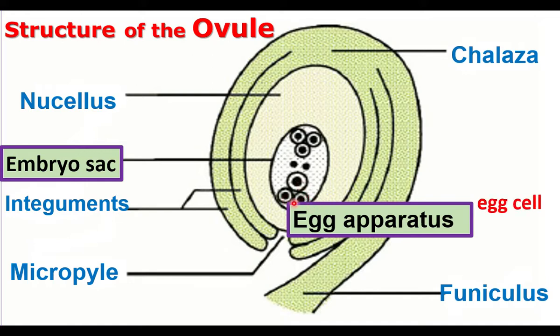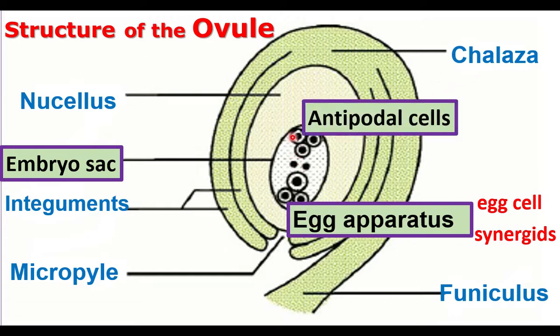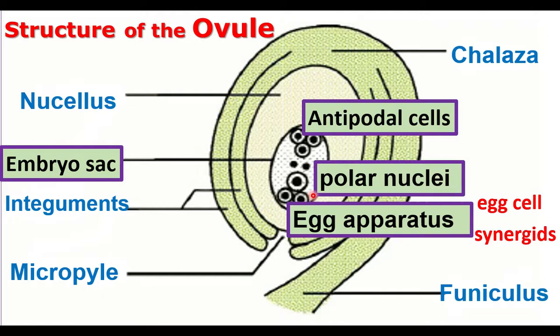At the sides, the 2 cells are synergids. The egg cell is called the ovum. Opposite to the egg apparatus, towards the chalaza end, the 3 cells are called antipodal cells. At the middle, 2 nuclei are present, called polar nuclei.